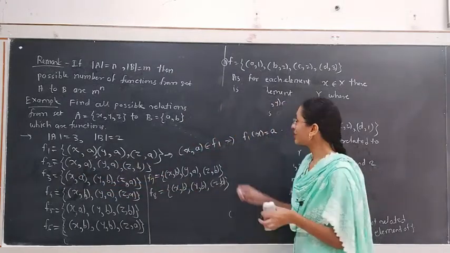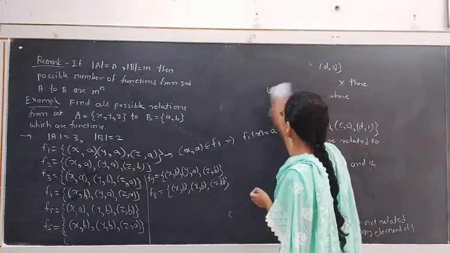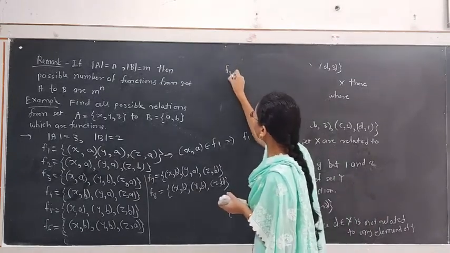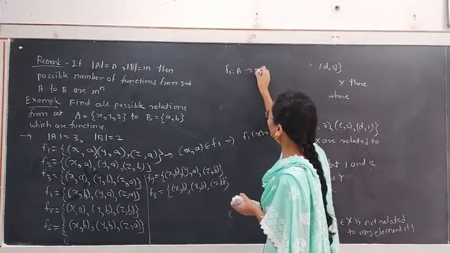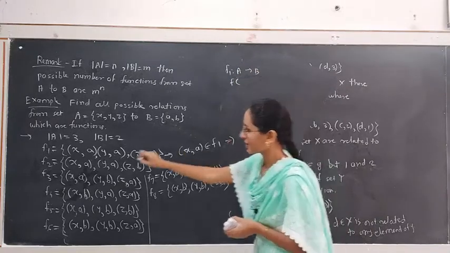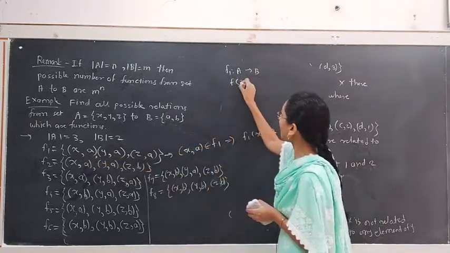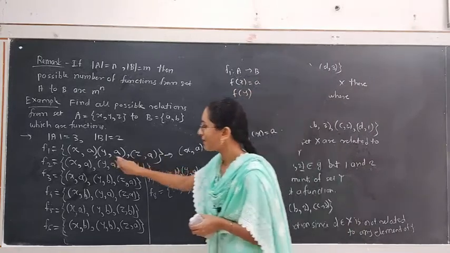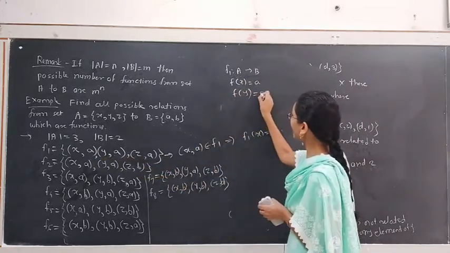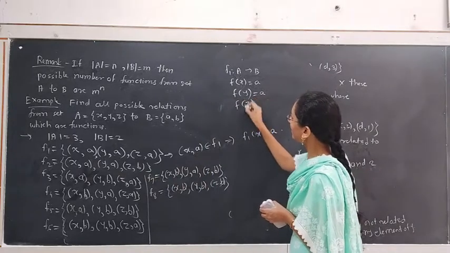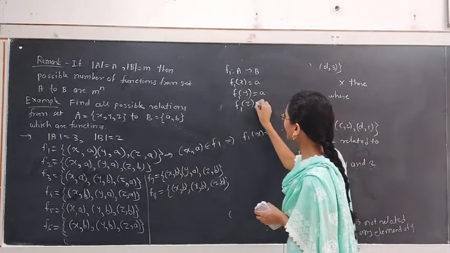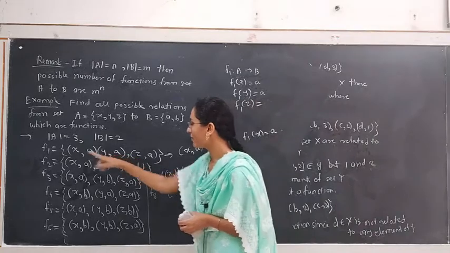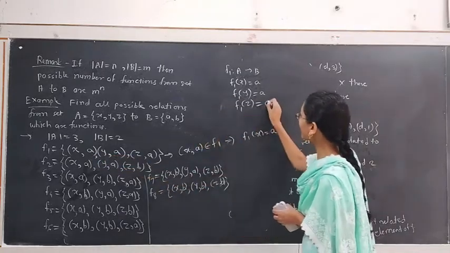In the first function, we are defining a function f1 from set A to B by: (x, a) belongs to f1 means f of x is equal to a, (y, a) belongs to f1 means f of y is equal to a, and (z, a) belongs to f1 means f of z is equal to a.